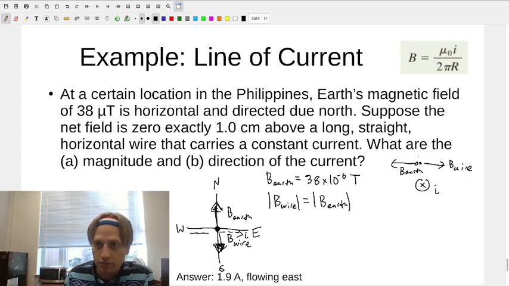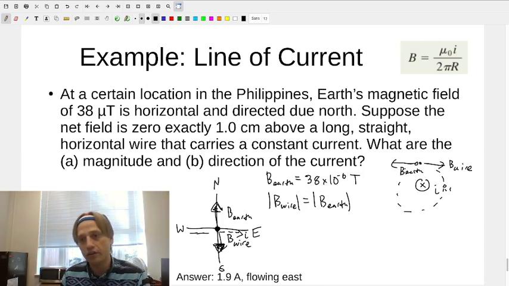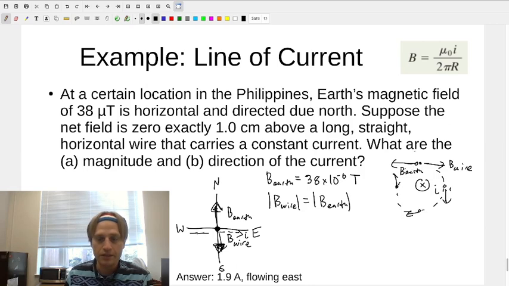Okay, so the magnetic field of that wire is going in different directions for every point around the wire, but then right above it, it's canceling out.